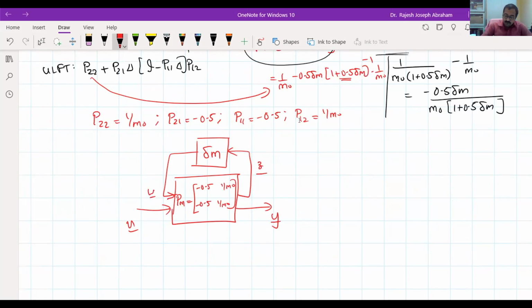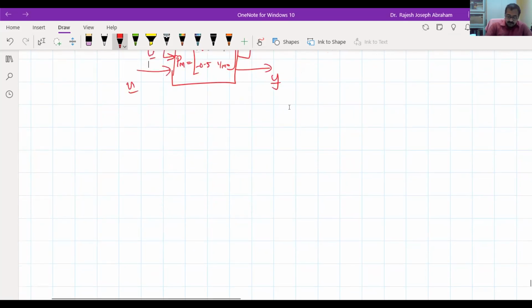Similarly, now we need to find the ULFT for the damper. What is the K equation?